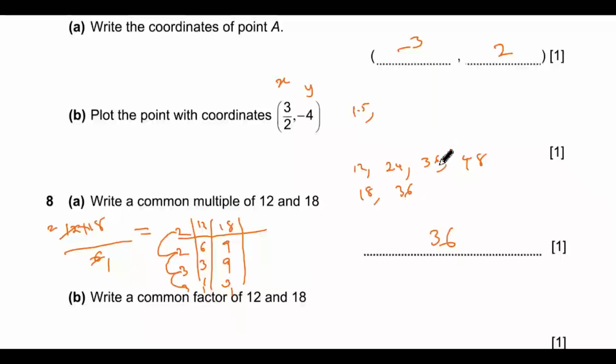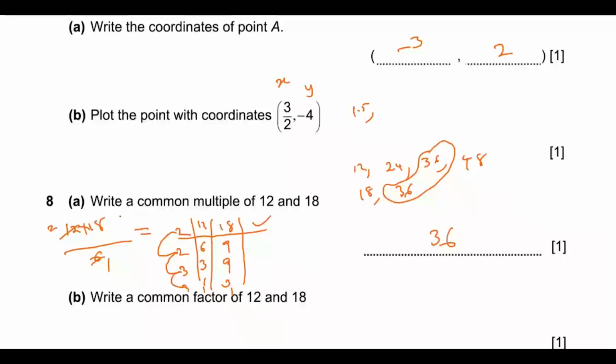Since we have a common multiple already, we can stop here. Otherwise, we have to continue. So this will be the common multiple. So we can use any of these three methods. Of course, if you have a big number, this method will be time consuming, and this one will be very easy.